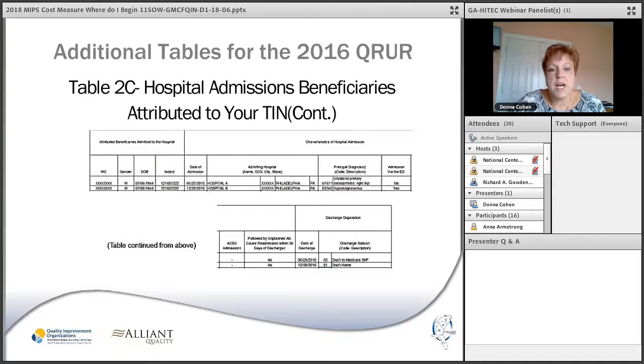It shows the hospital admissions, the actual beneficiaries, when they were admitted, and what hospital they were admitted to. So, again, very useful for chronic care management to make sure that you are reaching out to these patients that had multiple hospital admissions and implement some chronic care management for those patients, hopefully to avert as many hospitalizations in the following year.